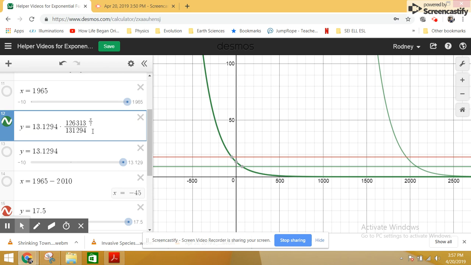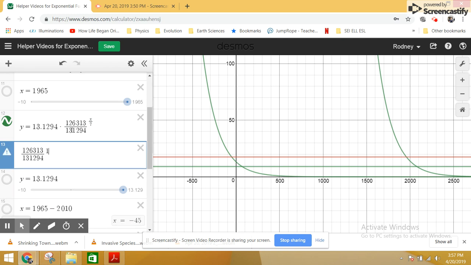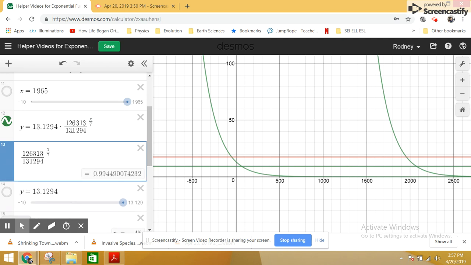So we're not adding our rate, our growth factor or decay factor, I should say, to 1 because the 1 is already embedded into this. This is going to be a 1 minus some percent. We could even figure out what that is. If we say this raised to the 1 over 7 power, well, we get this decay factor.